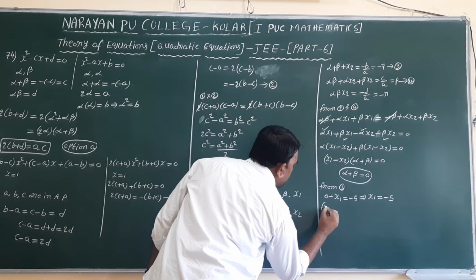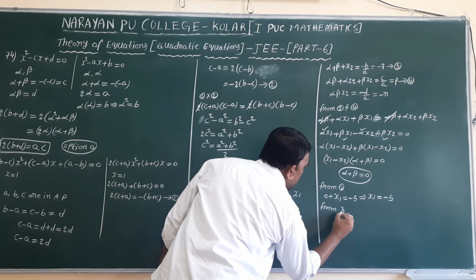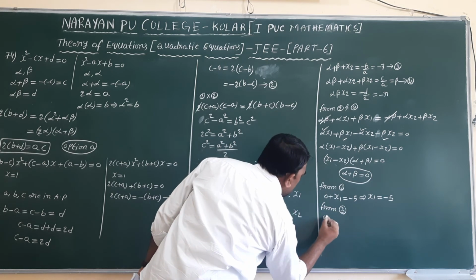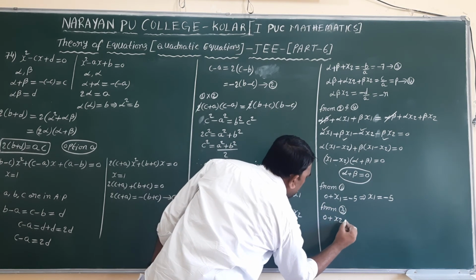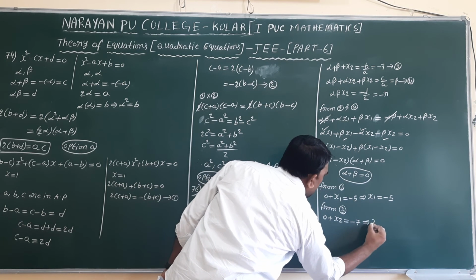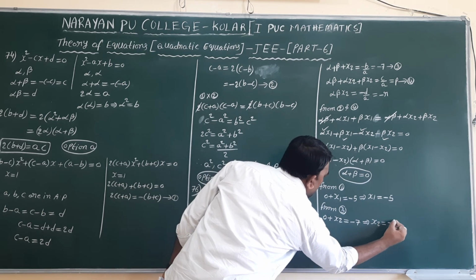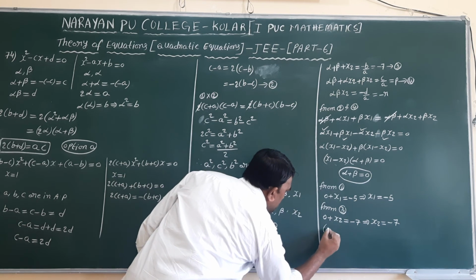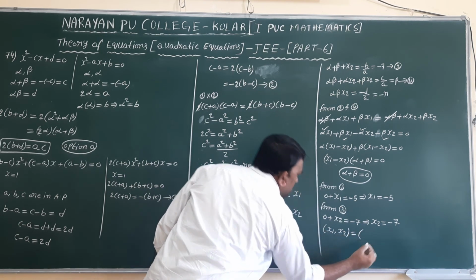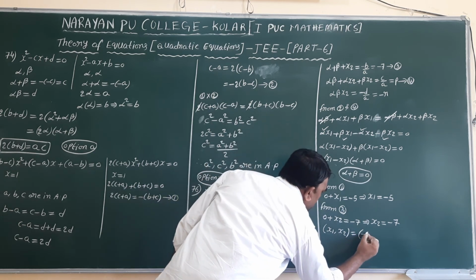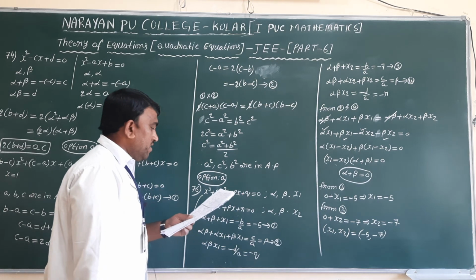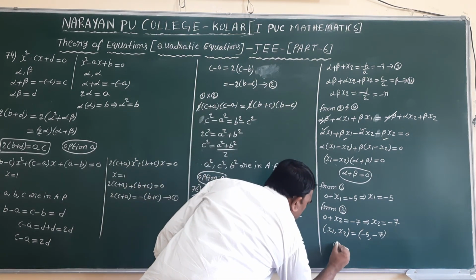From the third equation, alpha plus beta value is 0, so 0 plus x2 equals minus 7, which implies x2 equals minus 7. The ordered pair x1 comma x2 is being asked. We got x1 value minus 5 and x2 value minus 7. Option A is correct.